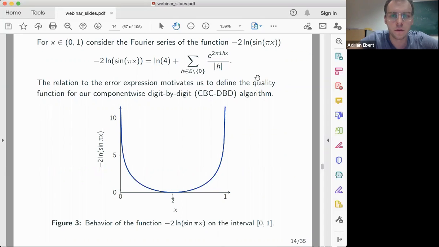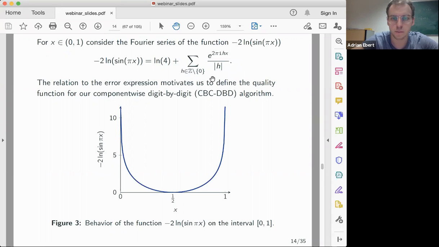So the first idea that I will only briefly mention here is that the quality function, yet another quality function that our algorithm uses, is related to this identity here. What can be observed is that this function here has a Fourier series that looks like this.